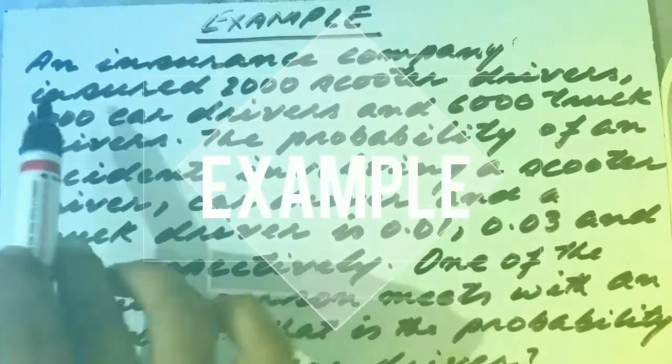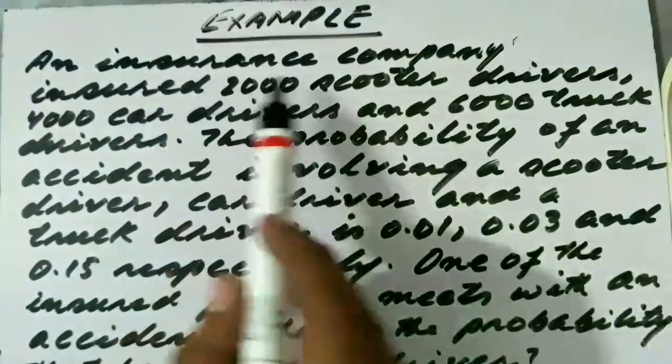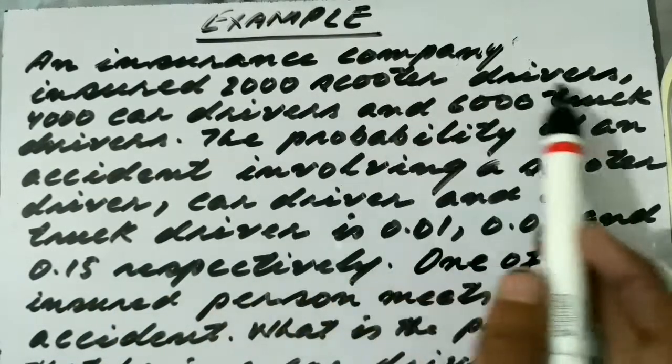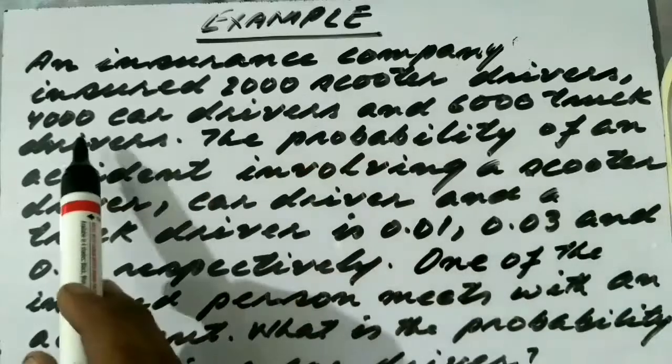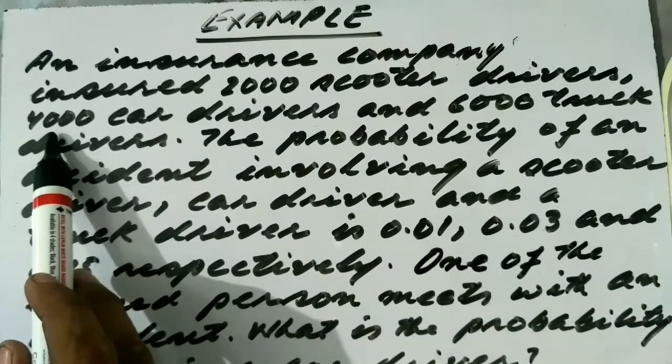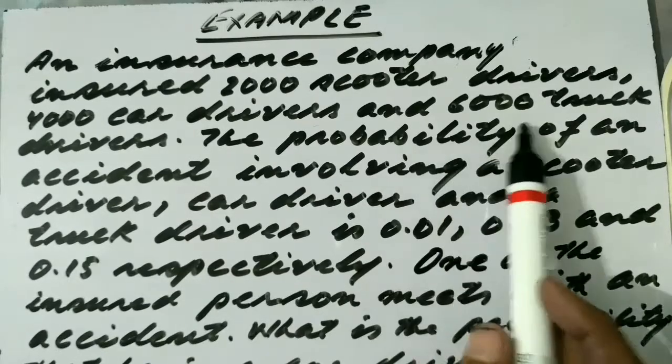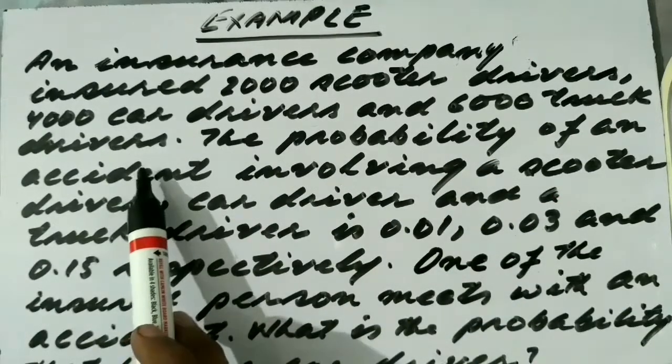Now, for more comprehension, let us take an example. An insurance company insured 2,000 scooter drivers, 4,000 car drivers, and 6,000 truck drivers.